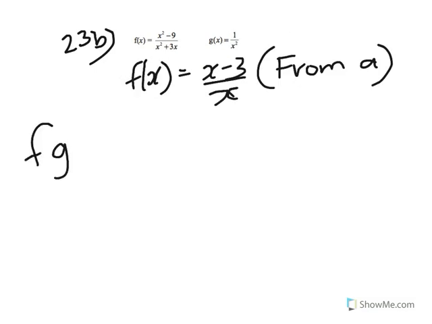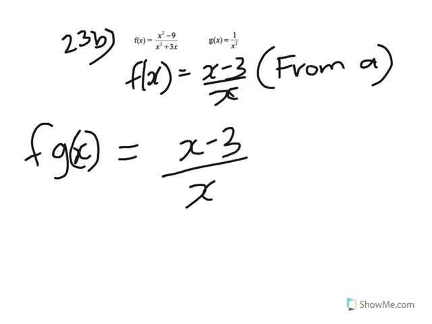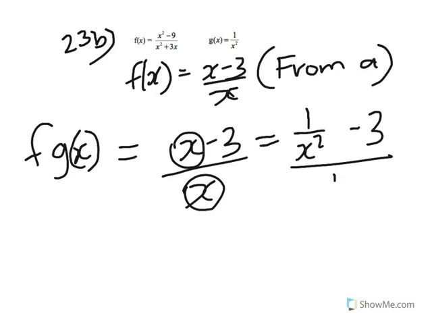First, what I like to do is write down f of x. I write x minus 3 over x. Then I put the g of x inside f of x. So instead of this, you replace it with 1 over x squared, and also this. So it becomes 1 over x squared minus 3 over 1 over x squared.